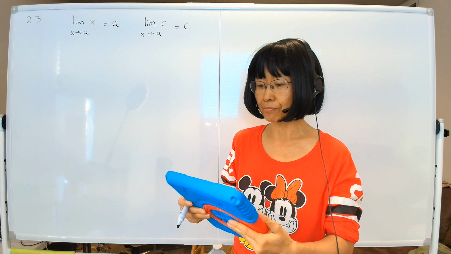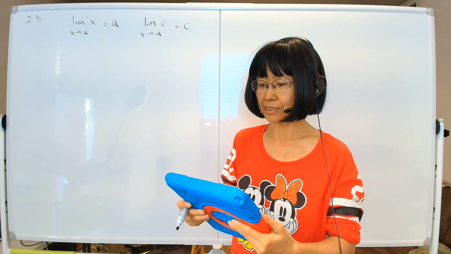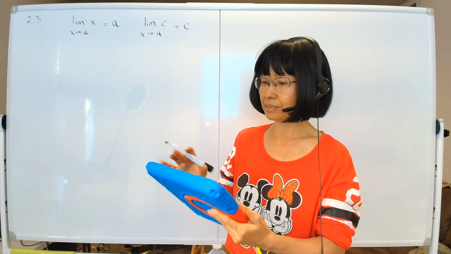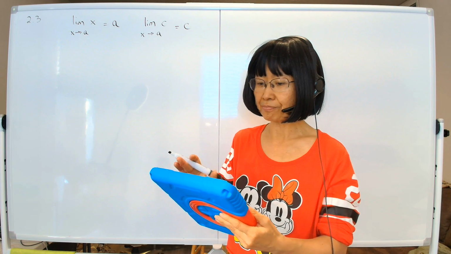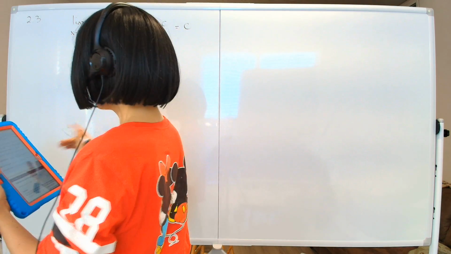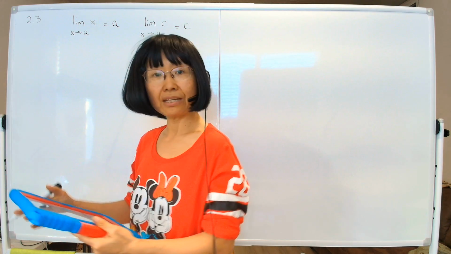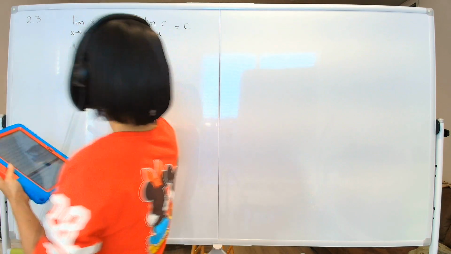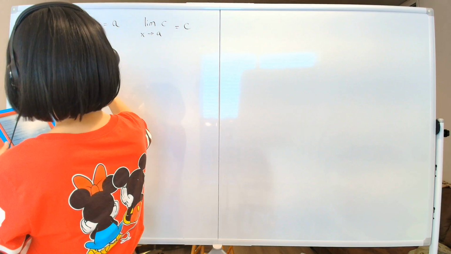For example, if you have f and g, and you want to evaluate the limit of the two functions, then you can simply evaluate the limit of each function and add it up, such as this theorem.